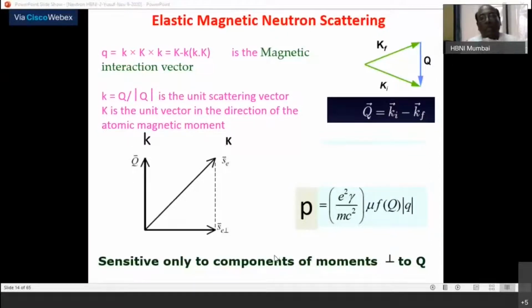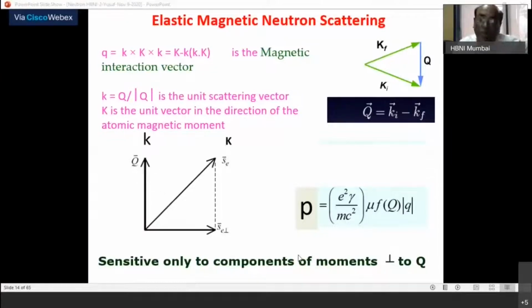Now you may say this is a little complicated situation, it should not have been, we would have felt happy without this. The answer is no. Once you have this kind of dependence, it gives you some kind of handling parameter. Why am I making this statement? Whatever be the direction of the moment, that is what gives the scattering.